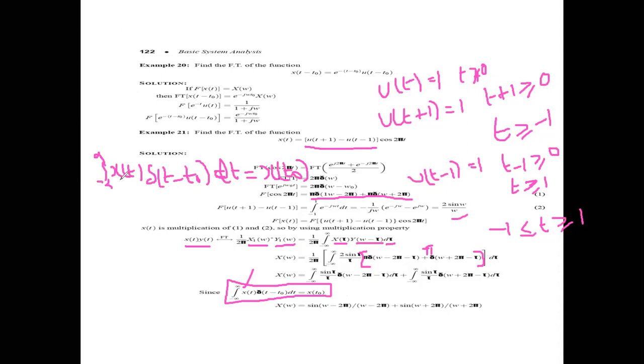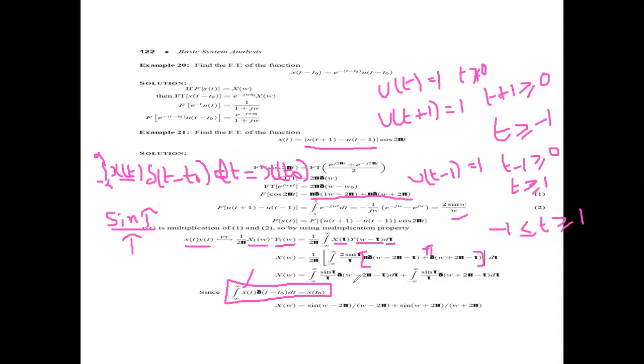Now, here x of t, what is x of t? It is sine tau by tau. But what is tau here? Sine t term is tau, because it is with respect to tau. Okay.